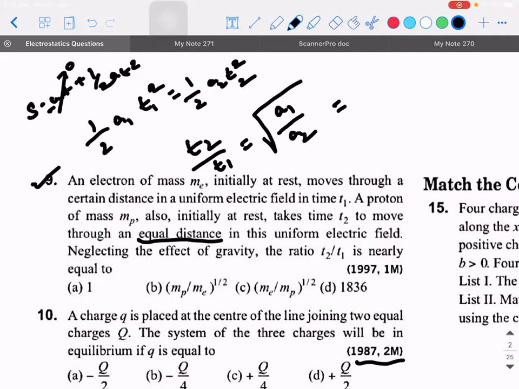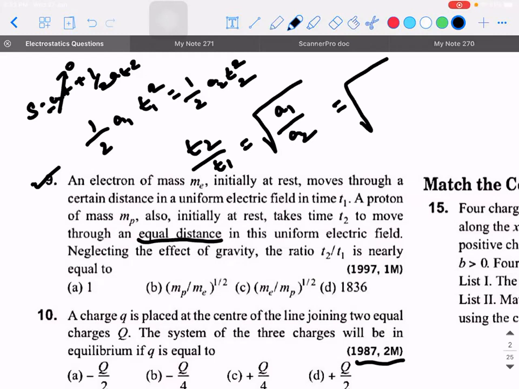So if I take T2 as the proton, then square root of A1 is how much? We know that QE is equal to MA. Acceleration is directly proportional to charge. So charge of the electron divided by the charge of the proton.